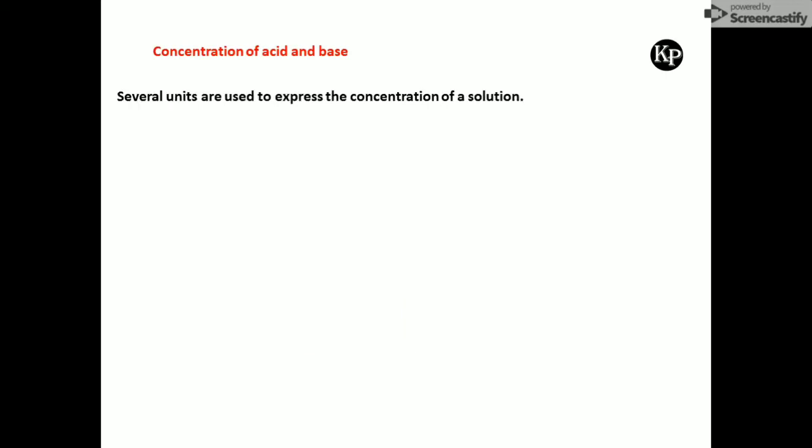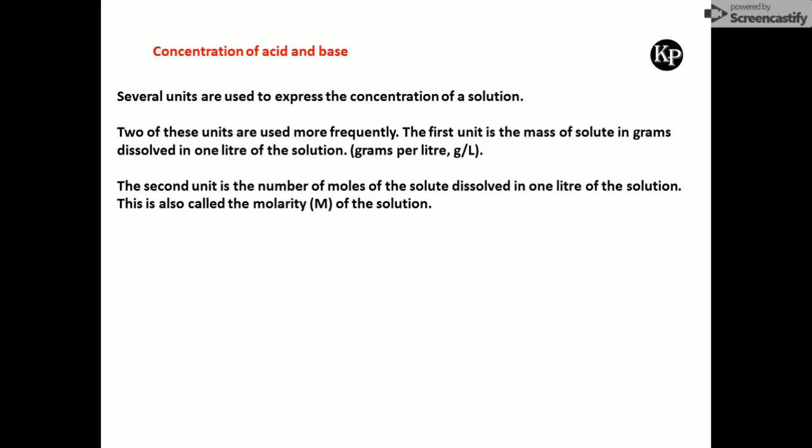So concentration can be expressed by several units. Two of these units are usually used more frequently. The first is gram per liter, G upon L, and the second unit is molar, or molarity.